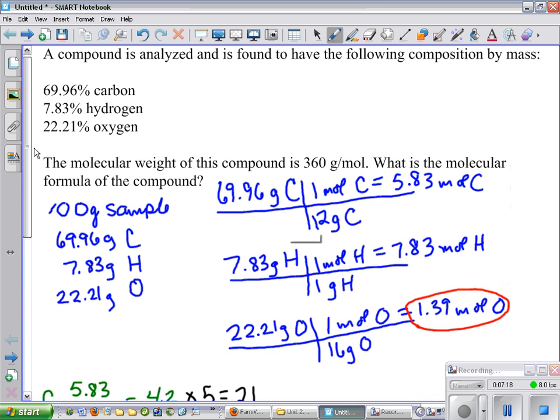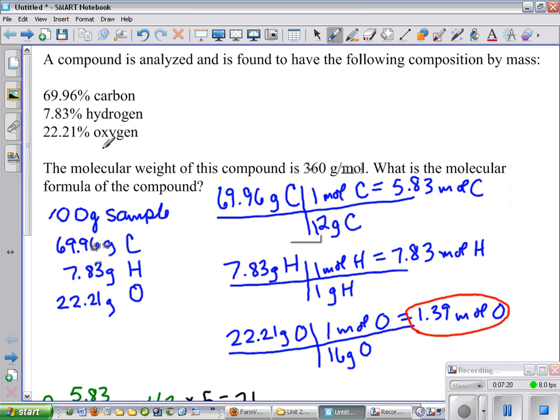Just to recap, we took the percentages. We said we had a 100-gram sample. So then the percentages were the same as the grams. We took each of the grams, changed it to moles. We identified the smallest number of moles.